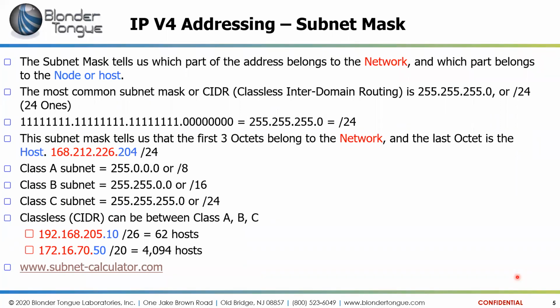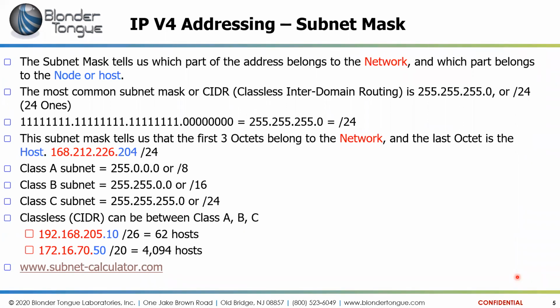So Class A subnet, the first octet is 255, so it's a /8. Class B subnet is 255.255.0.0, so it's a /16. And a Class C I've already covered, 255.255.255.0, so it's a /24. Those are the 3 primary classes.